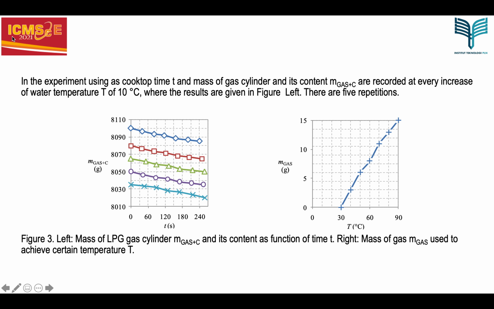From this result, we can get the gas mass used to heat the water and raise the temperature every 10 degrees Celsius, as shown in figure 3, right, which is the average of 5 repetitions. From this, we can get the energy produced by the gas cooktop, Q_ct equal Q gas, which is given in figure 4.